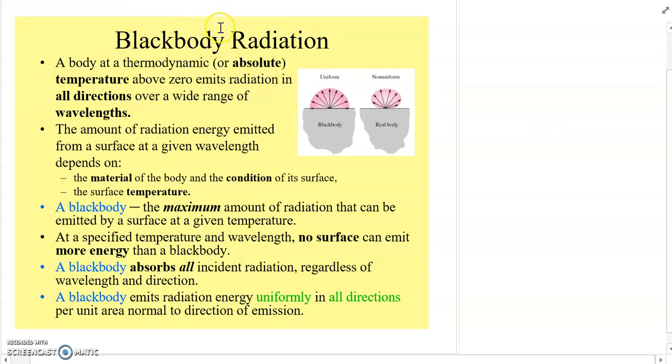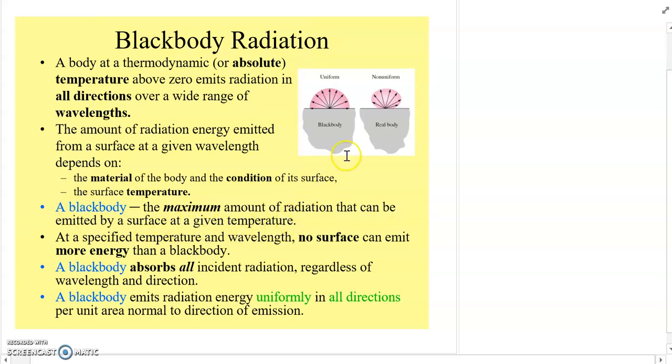We have learned the term black body back in chapter 1, where a black body is a perfect radiation absorber and emitter. It is the maximum amount of radiation that can be emitted by a surface at a given temperature.